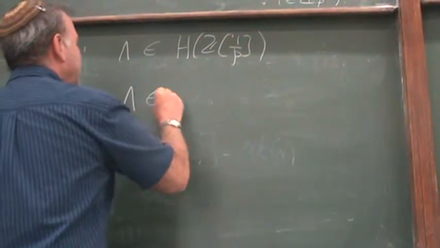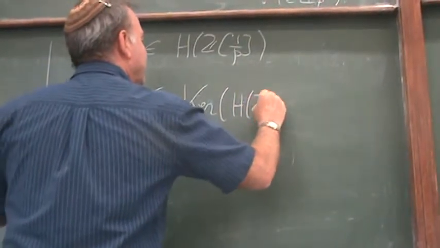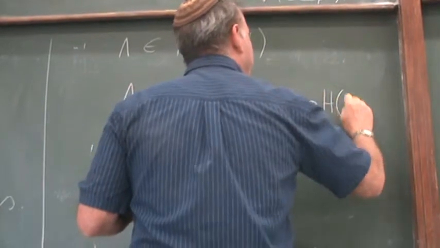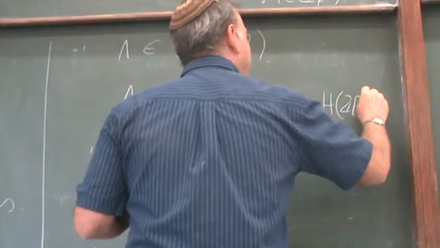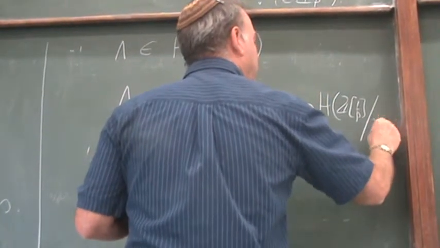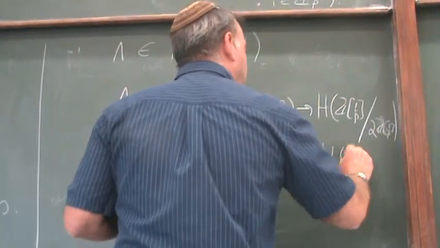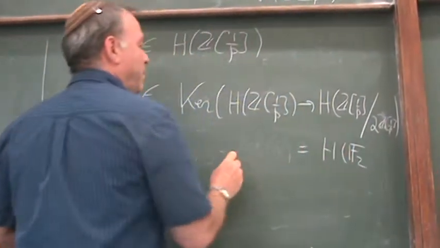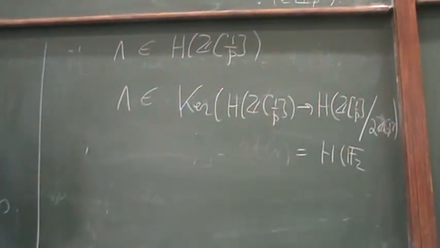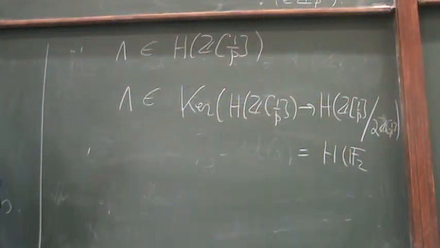So lambda is really inside the kernel from H Z 1 over P to H Z 1 over P modulo 2 Z 1 over P, which is simply H of F2. And this is in the kernel because the first element is odd and all the others are even. So I'm going to the identity.